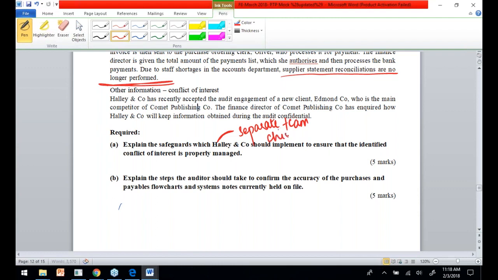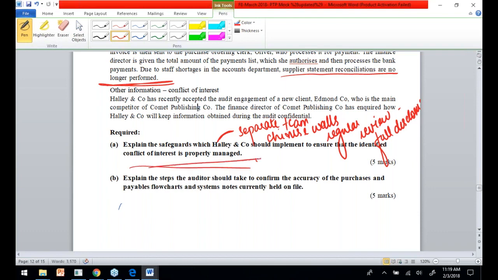Also, Chinese walls to prevent exchange of information, regular review of work performed for both the companies, and full disclosure. If you want to further review this, remember these are given in your revision notes.